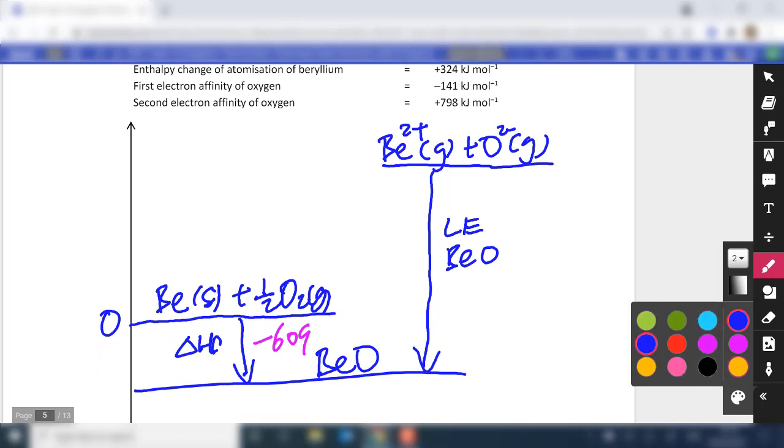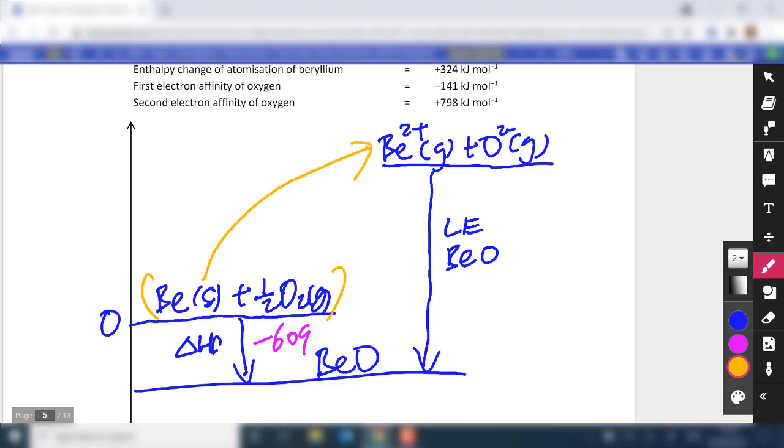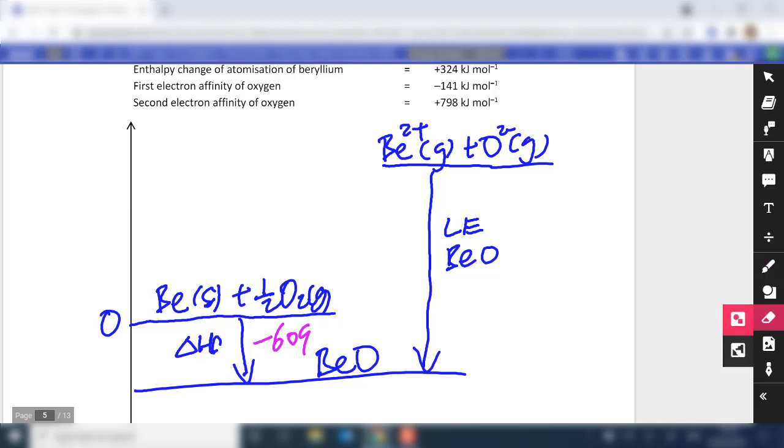And as per what we have always been discussing, we need to go from the elemental states all the way to the gaseous ions. So we need to make use of the information to go there. Right, so I'm just going to erase this first. Since we are given the atomization enthalpy, we might as well just make use of this information.